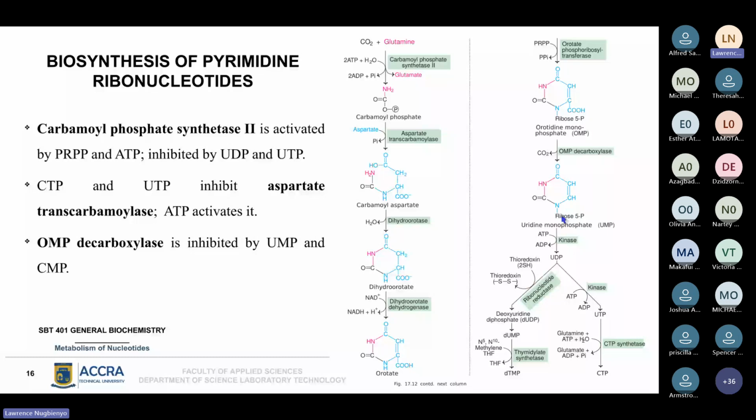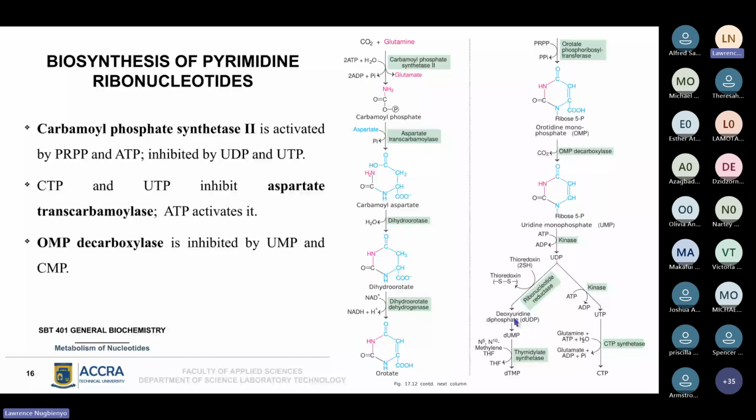Now you can say that the parent molecule which is formed in the synthesis of pyrimidines is uridine monophosphate. Just as you said, the parent molecule which is formed in purine metabolism is inosine monophosphate. Here it is uridine monophosphate, because it is from uridine monophosphate that you now have the synthesis of uridine diphosphates.